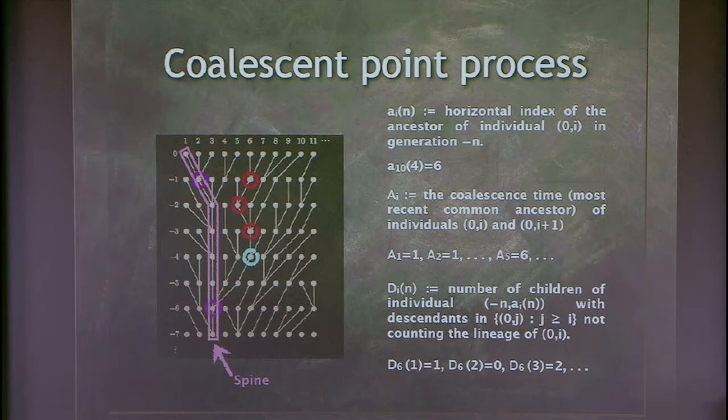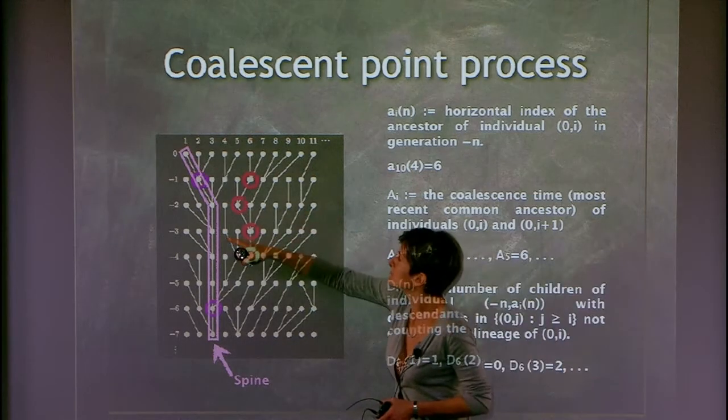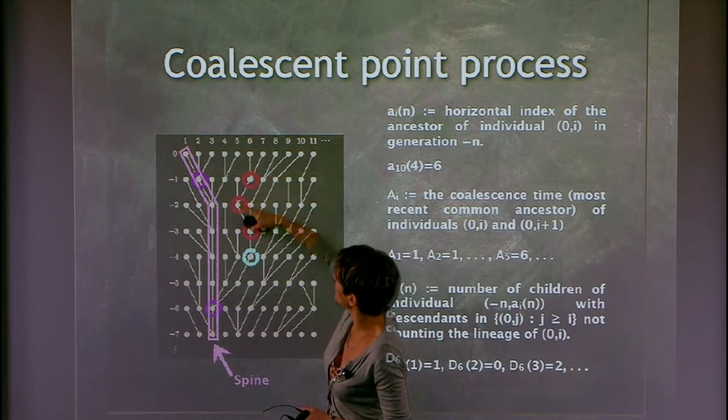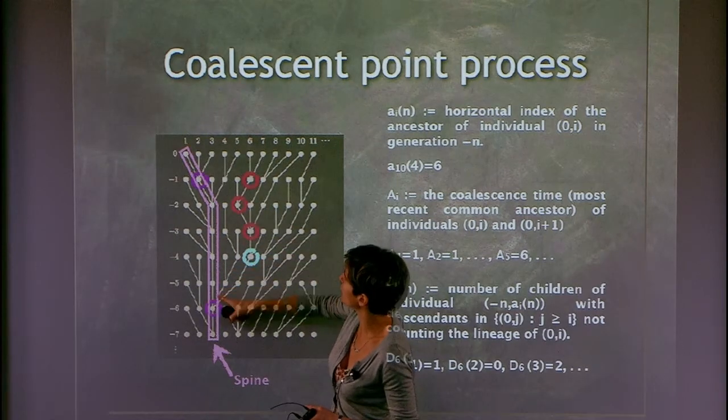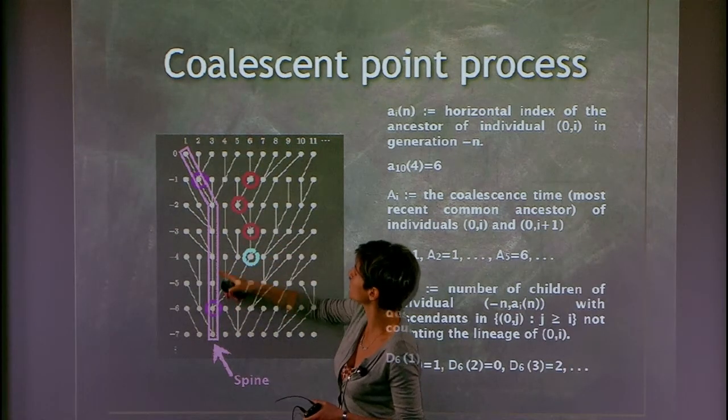And then from that, that's this process DIN, and then the coalescent depths are a simple function of that, because you're just looking at the first dip where there's nothing here.